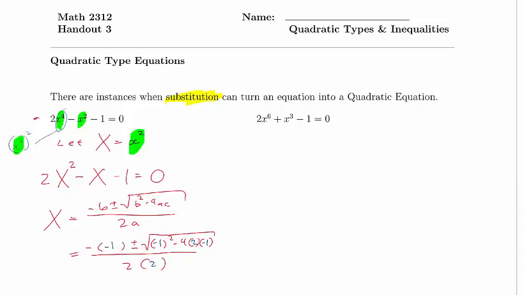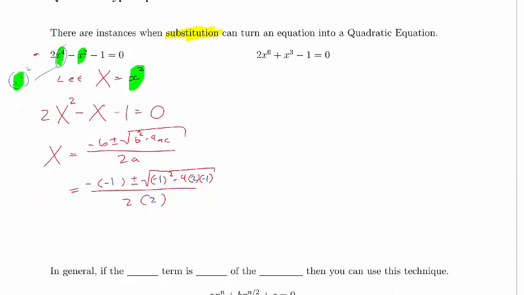Now let's go ahead and evaluate this. When we do, we get 1 plus or minus the square root of 1 plus 8, over 4, which of course becomes 1 plus or minus the square root of 9, which is 3, all over 4.